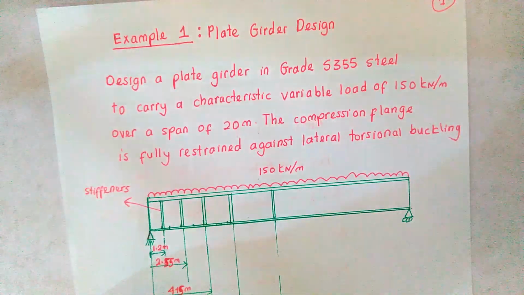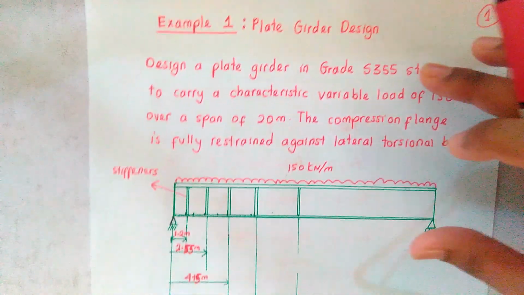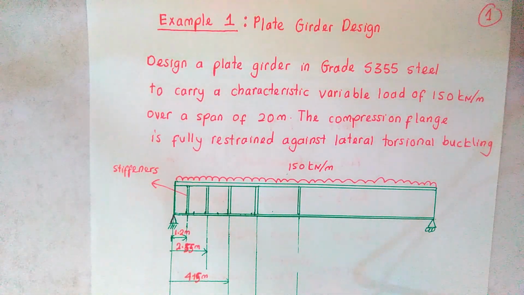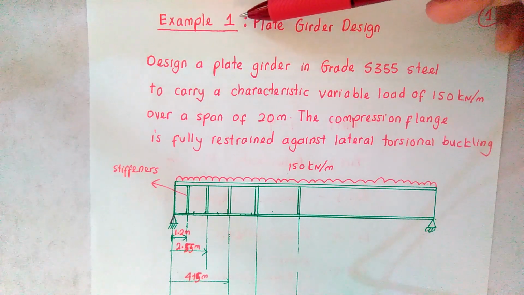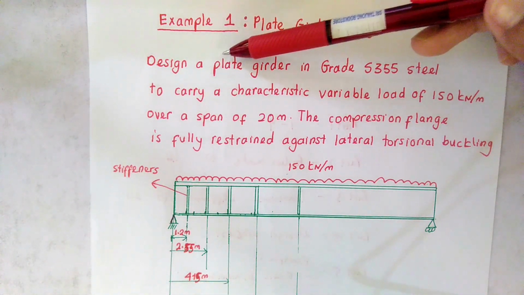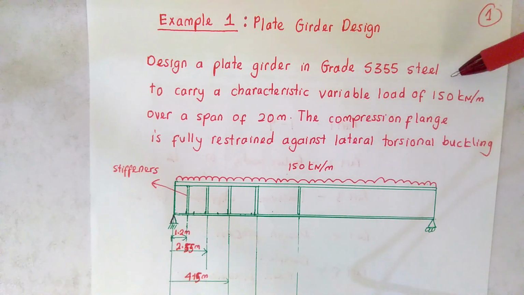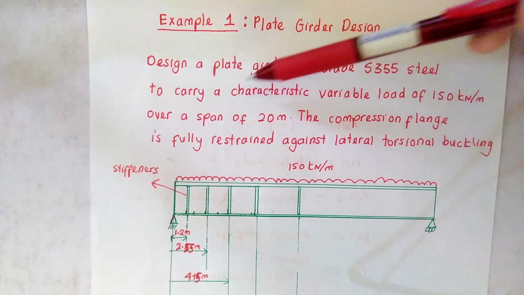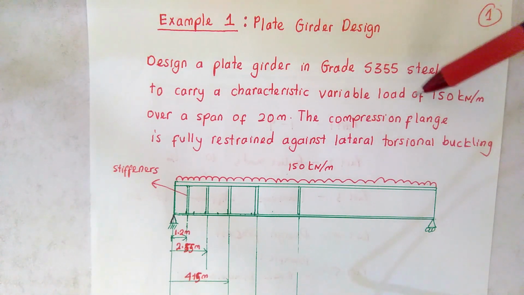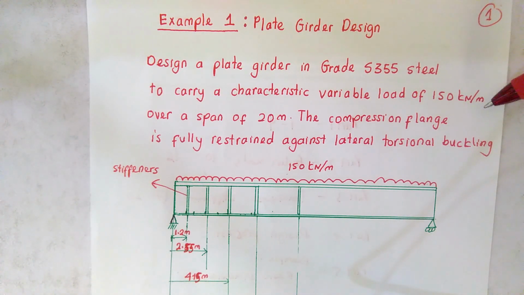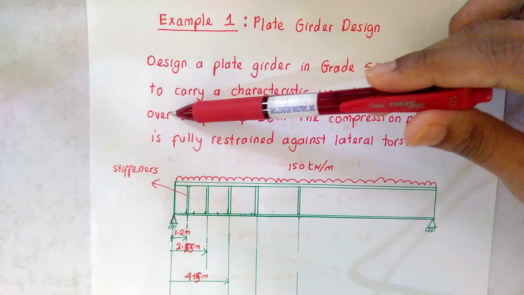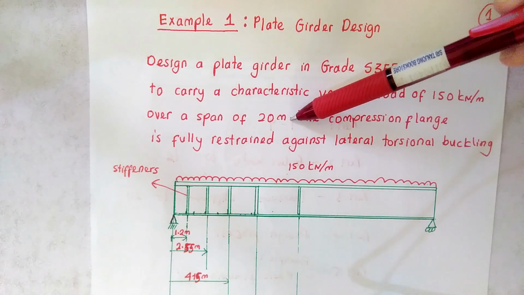Okay, so this is example one. In this example, we designed a plate girder in grade S355 steel to carry a characteristic variable load of 150 kilonewton per meter over a span of 20 meter.